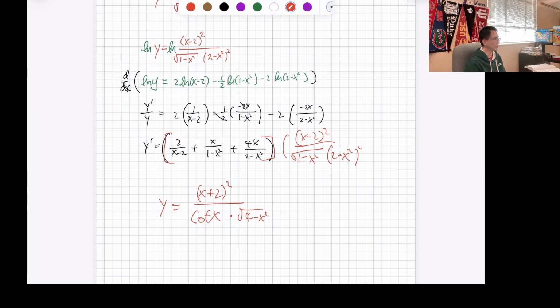Do you know how to do u substitution with natural log? So the integration of 2x over x squared plus 1. Do you know how to integrate that? No, the integration of 2x over x squared plus 1.